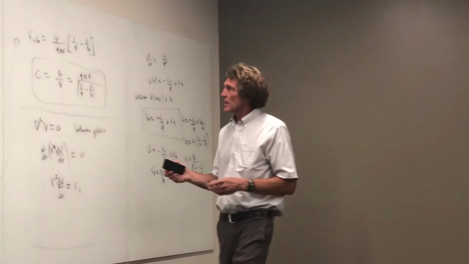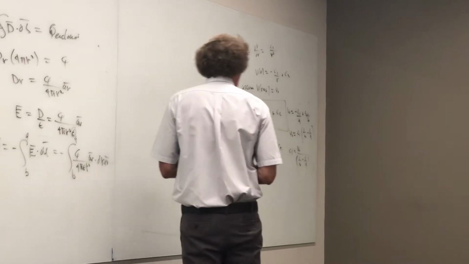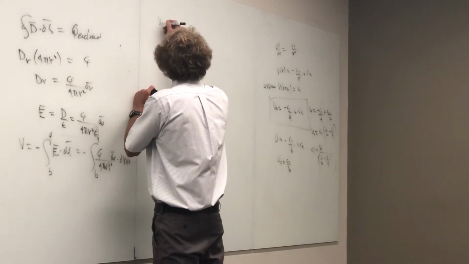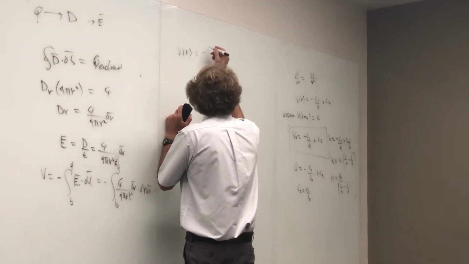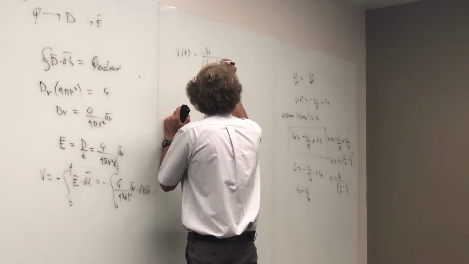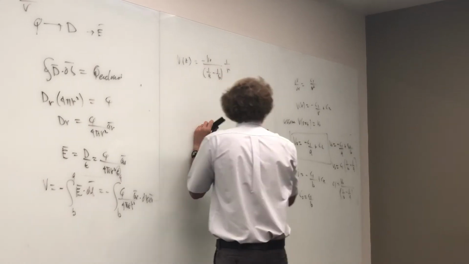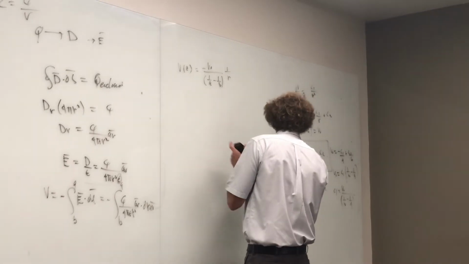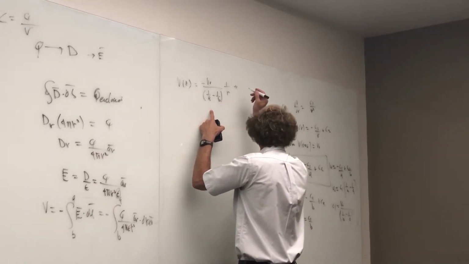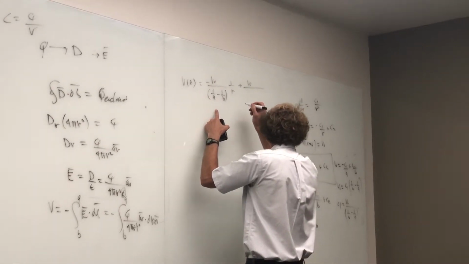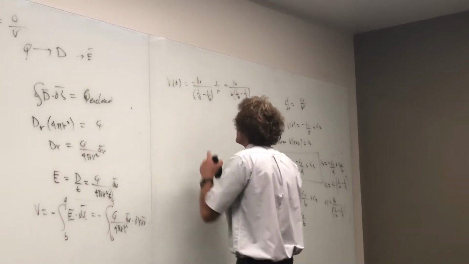Now I go ahead and I take that and I say that V of r is equal to minus C1 over r, so it's equal to minus V naught over (1 over A minus 1 over B) divided by r, plus C2, and since C2 is C1 over B, this becomes V naught over, and since it's divided by B, I have B times (1 over B minus 1 over A).